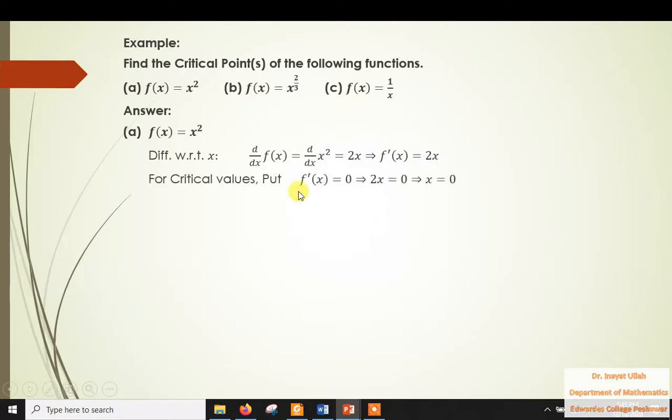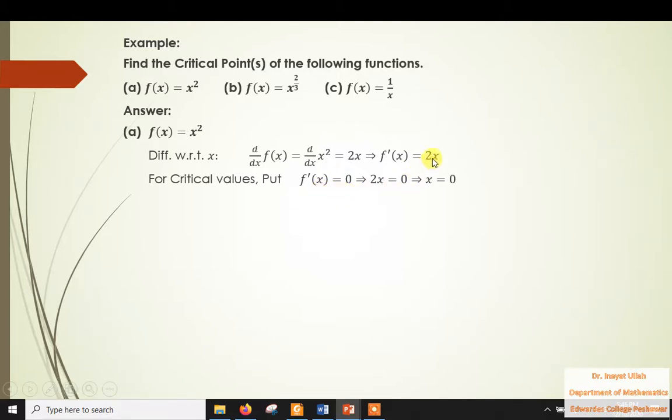Now for critical values we put f prime x is equal to 0. We see here that f prime x is 2x. This is not a rational function, and nor the power of x is less than 0. So we just need to put f prime x is equal to 0.